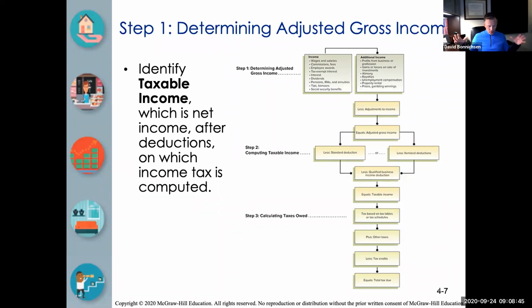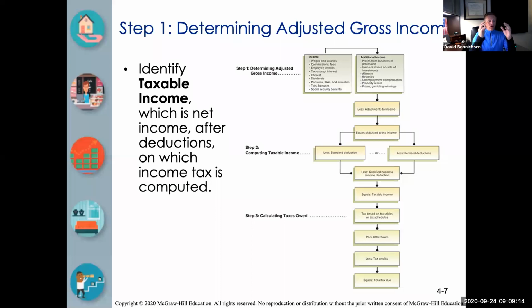Once we know what all of our income is, now we have to look at what kind of adjustments to that income we might have. Did we pay student loan interest? Did we make contributions to our employer-sponsored qualified retirement plan, AKA 401k plan? And we'll go through Schedule 1 to see what some of those deductions look like.